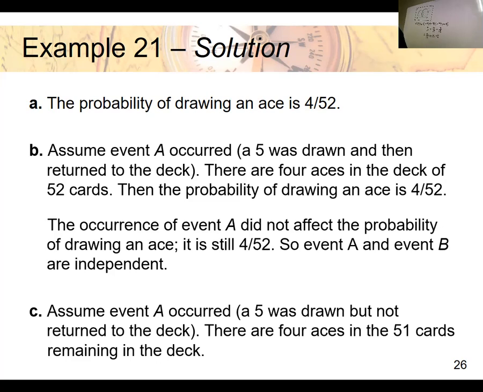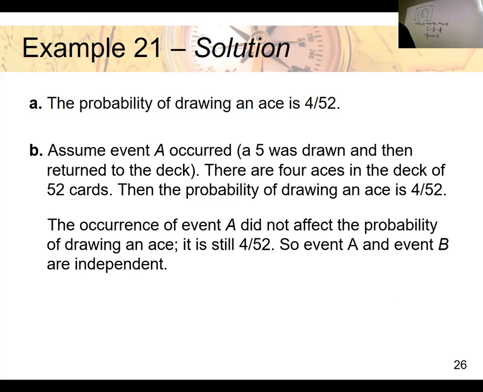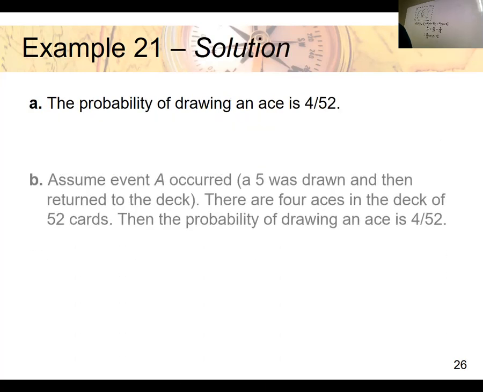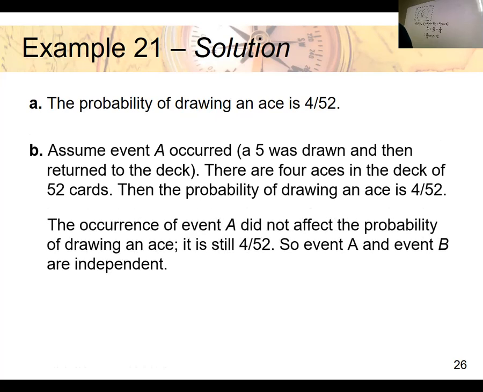So now you have 4 aces in a deck of 51 cards remaining. That does talk about without replacement, meaning we don't return the first card to the deck before we draw the second card. And that means the sample space has reduced from 52 to 51. So that's what is meant by without replacement.